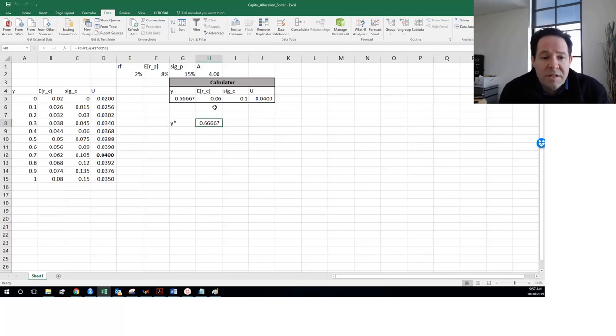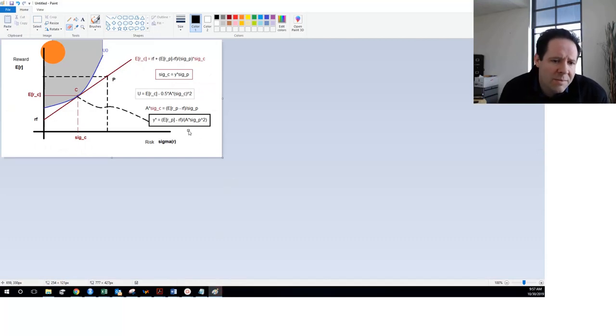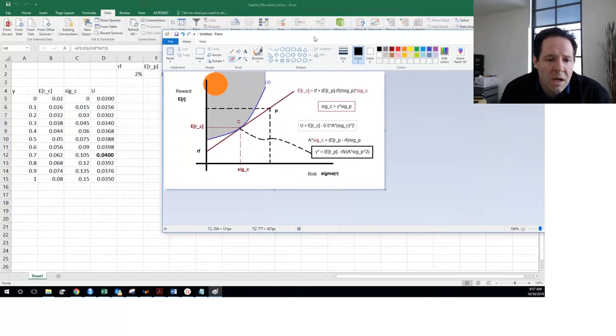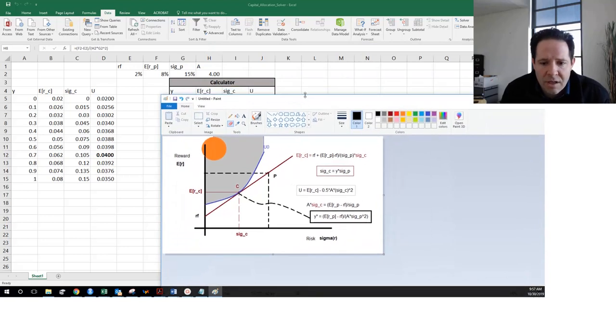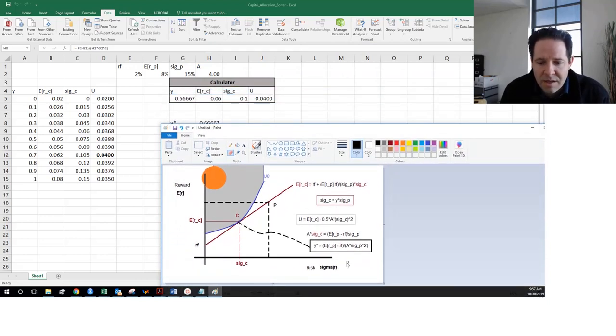Now, the Excel solver is pretty neat in that it allows us to not have to work with the calculus. However, there's some nice intuition about the form of the solution. Namely, the share of wealth that we put into the risky asset has some intuitive features to it. So the higher the risk premium, the more the investor is going to want to put into this asset.